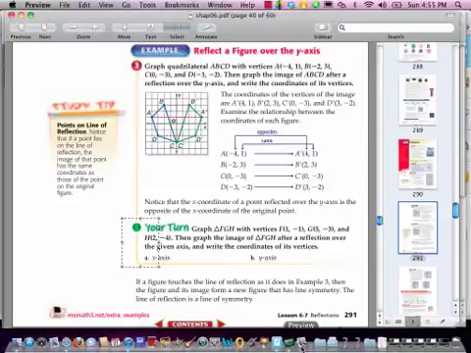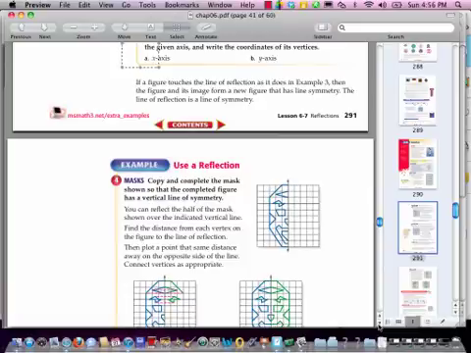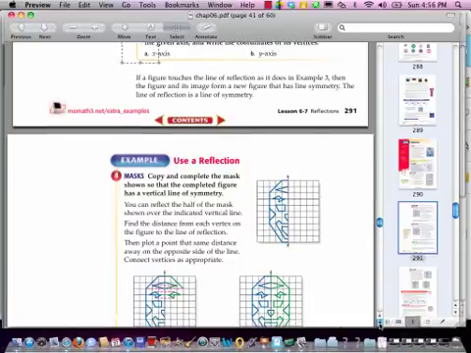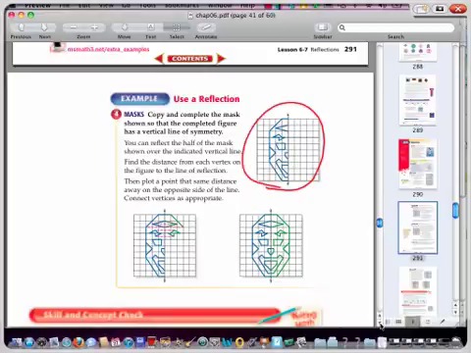All right, let's go to the very last thing in here. It says, copy and complete the mask shown so that the completed figure has a vertical line of symmetry. So if we have this half of this mask right here, and we want to duplicate that, what we need to do is make sure whatever we have drawn before has to be drawn over here on this side.